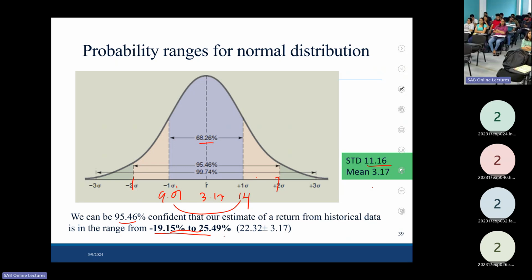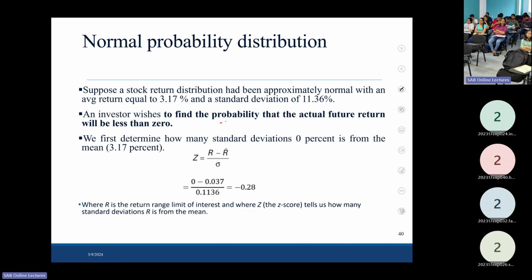Okay? Using this property, suppose that as an investor you want to see the probability that the actual future return is less than 0. Using the past 6 years' average return of a company, you have calculated the mean and standard deviation. So when we do an analysis, we take the company's past annual returns and calculate the average and standard deviation.